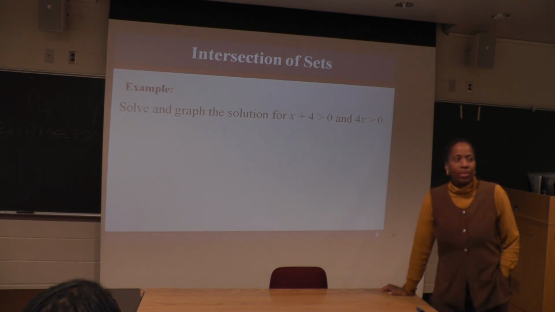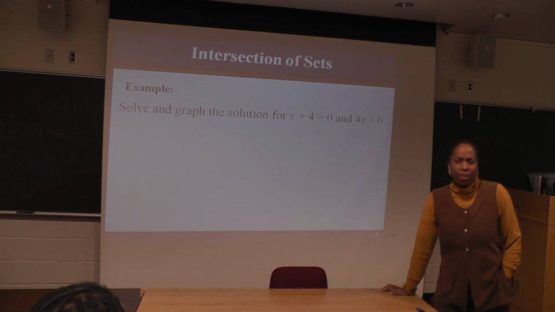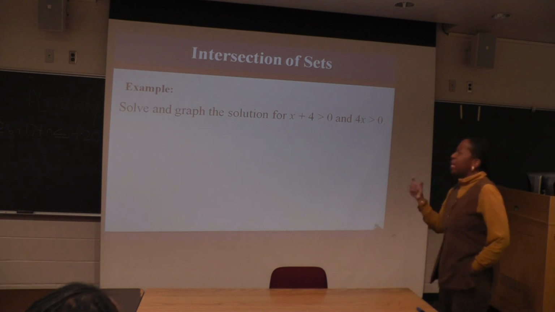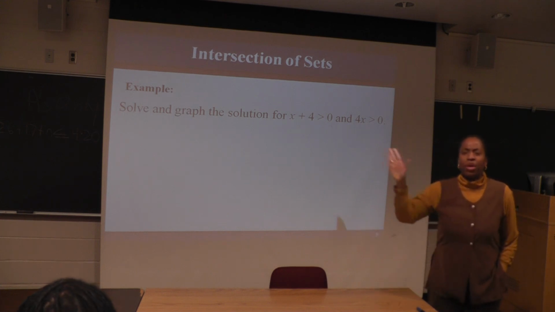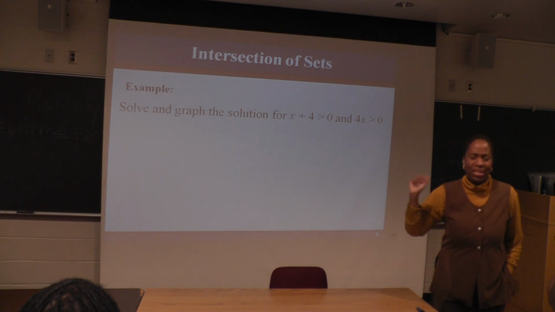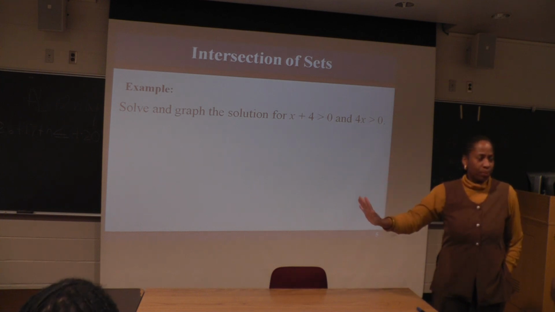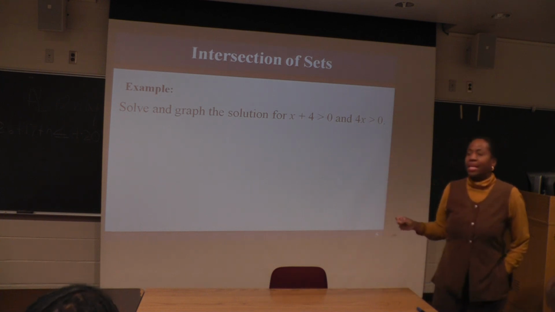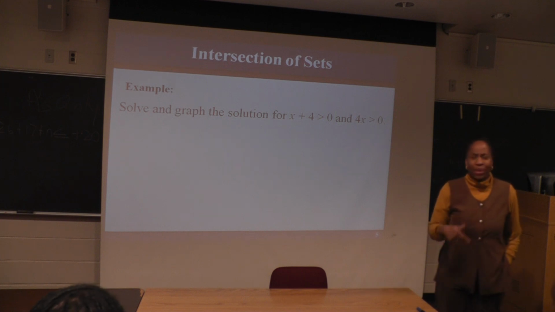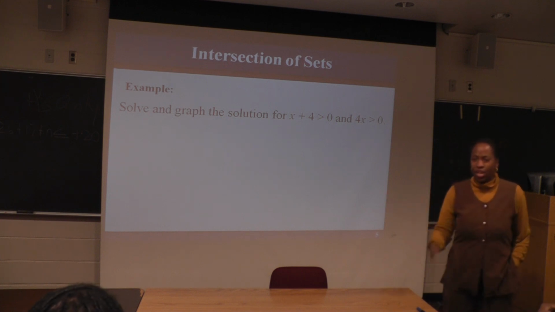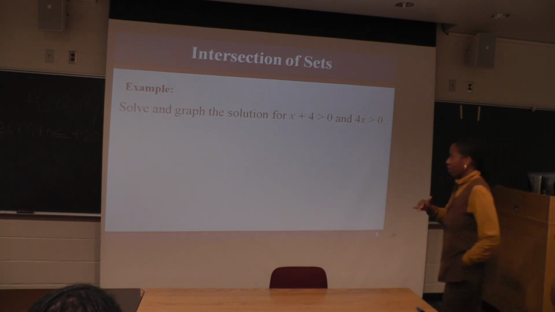A variable and a number. Where are the variable and the number? One on one side, one on the other. And when it's on one side, what do we call the variable? What has happened to the variable? It's isolated.